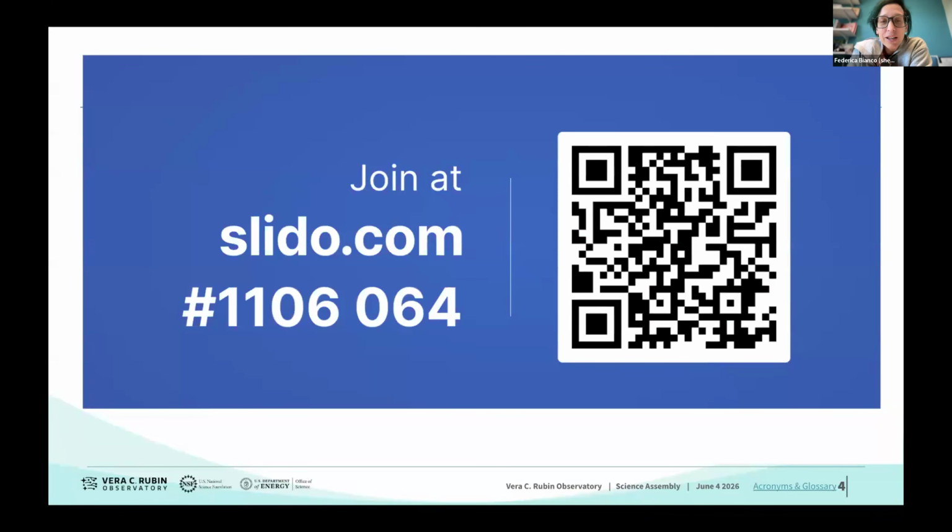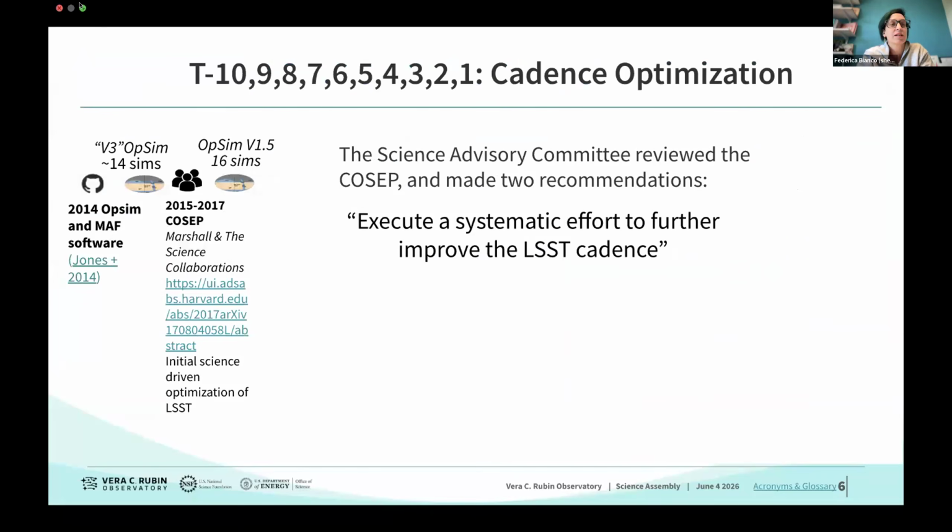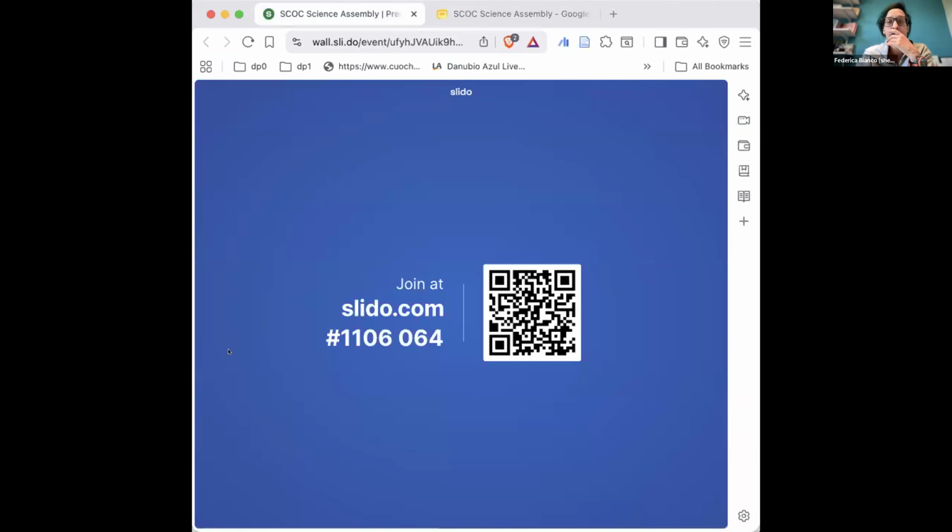Before I go on, I have a quick Slido for you. So I would like you to grab this QR code or go on slido.com and use this code. I will ask you a few questions to get a sense of how familiar you are with the survey strategy design process for LSST. Obviously, the answers are anonymous, and we will look together at what the answers are as I get out of here and go to Slido.